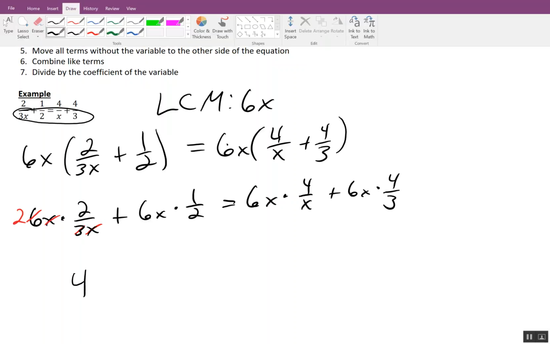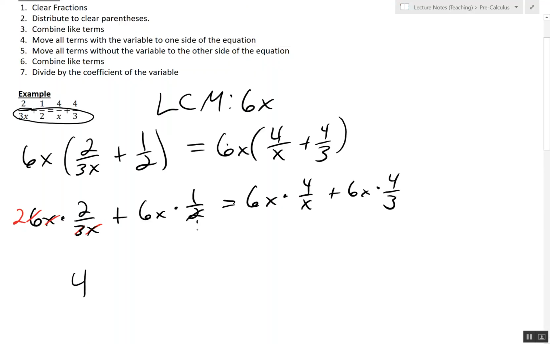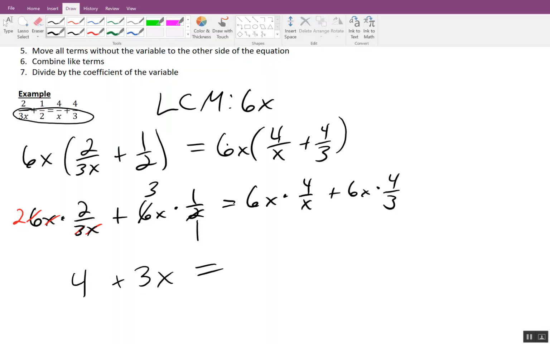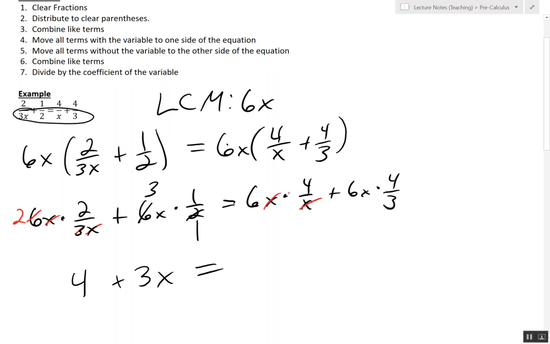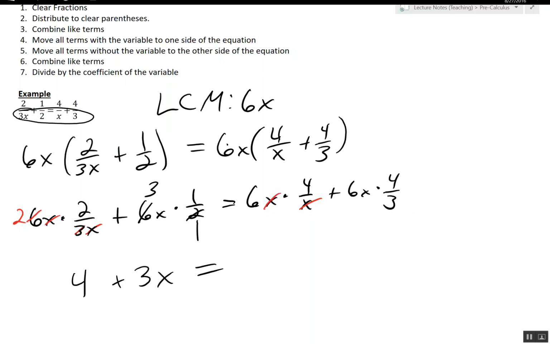Then we are going to have 2 go into 2 once, and 2 go into 6 3 times, and 3x times 1 is 3x. And this is going to be equal to, well, these x's here cancel, and you're left with 6 times 4 is 24.